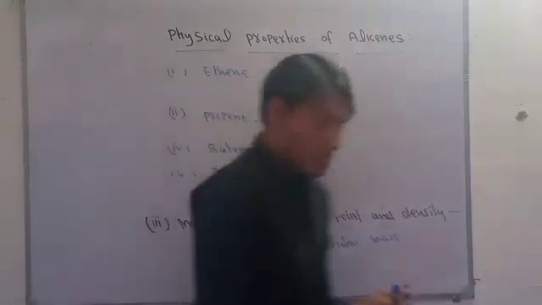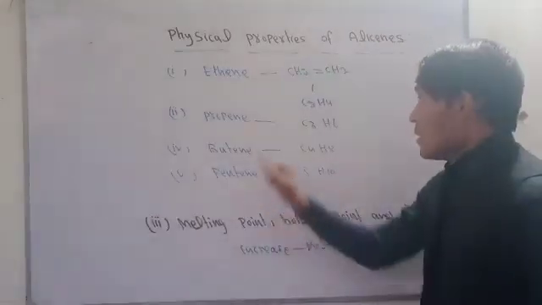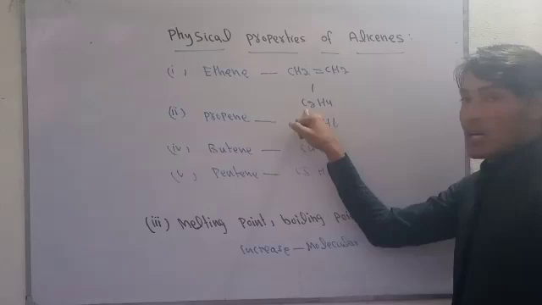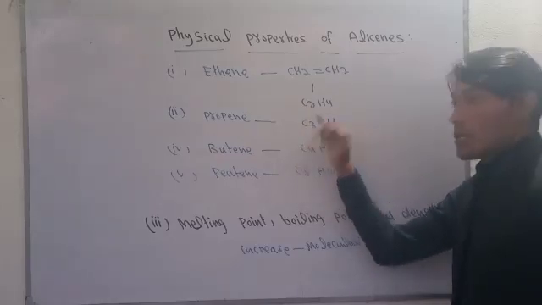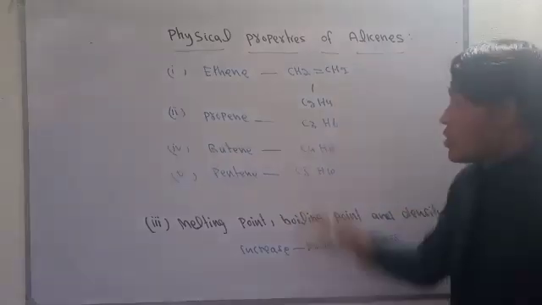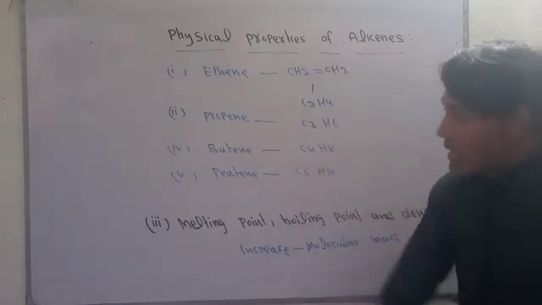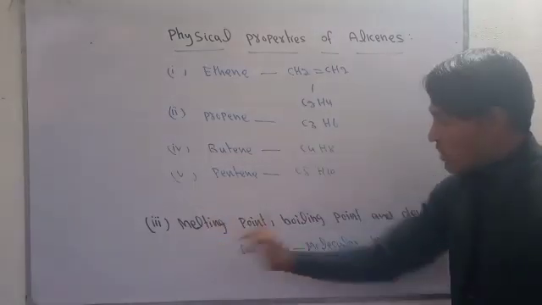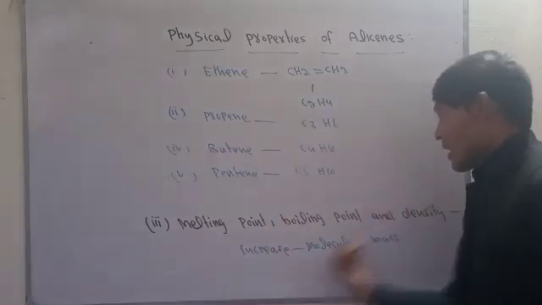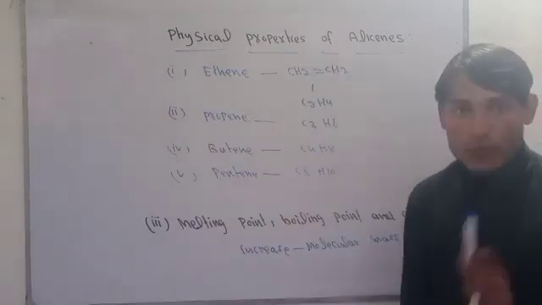Look at the series: the carbon number is 2, 3, 4, so it increases stepwise. When it increases, their molecular mass is increased, and when their molecular mass is increased, their melting point is also increased, boiling point is also increased, and density is also increased. So that's enough for this video.